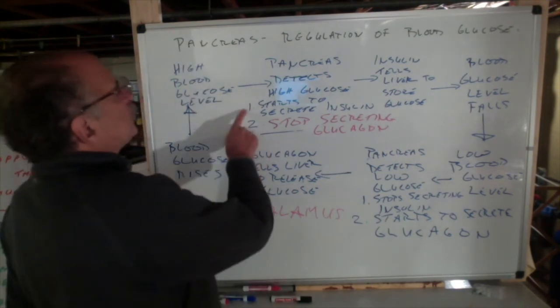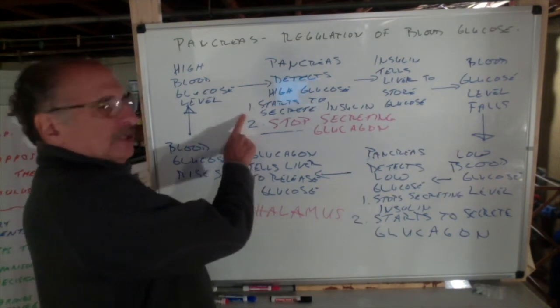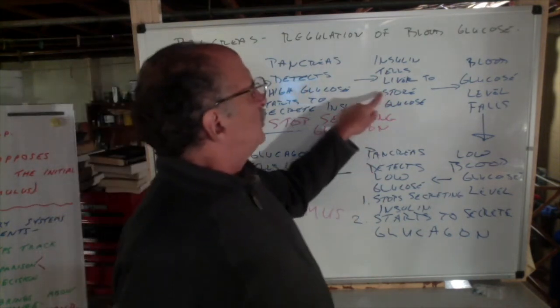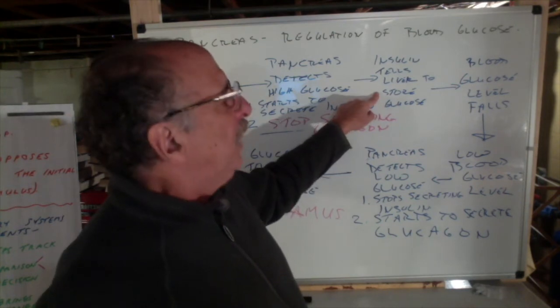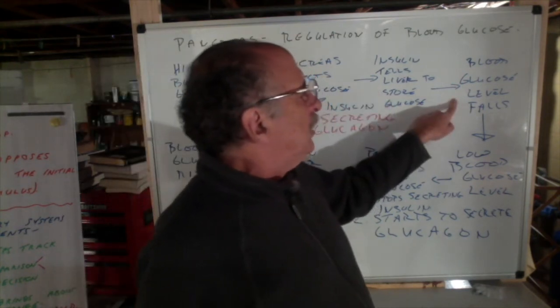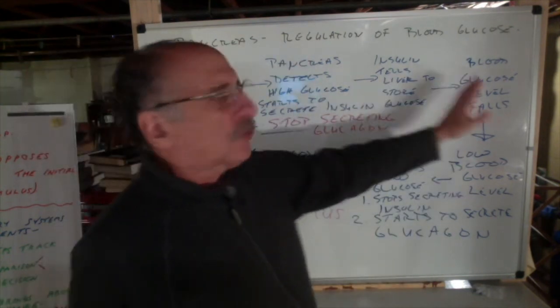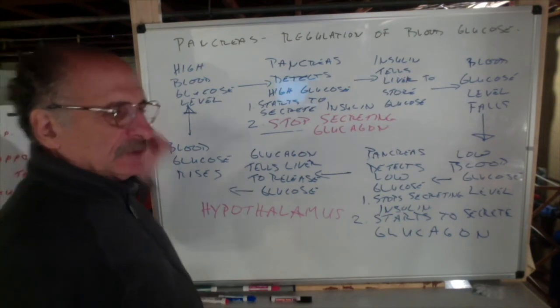The first response is that the pancreas starts to secrete insulin. The second response is that the insulin tells the liver to store glucose, and then the third response is that the blood glucose level falls. So there's 1, 2, 3 responses to this initial condition.